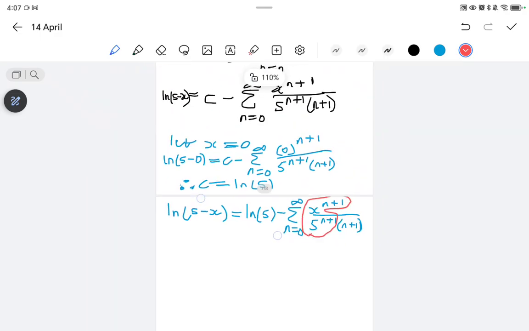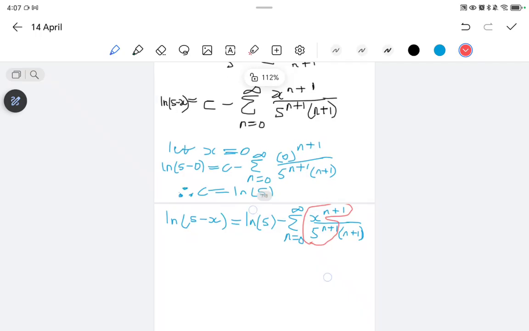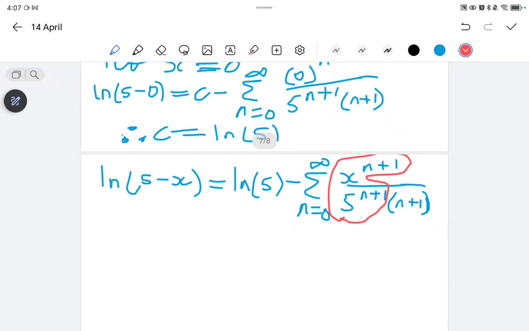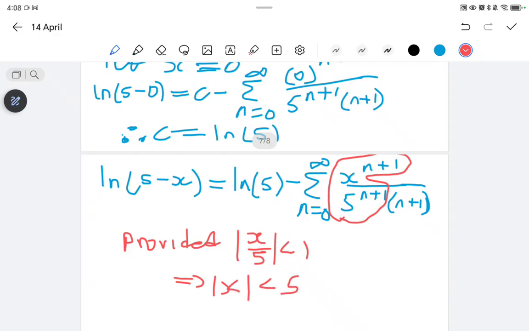You see this? Check, this is x to the n plus 1 over 5 to the n plus 1. So it means that provided we have x over 5 less than 1, this would imply that the absolute value of x is less than 5.